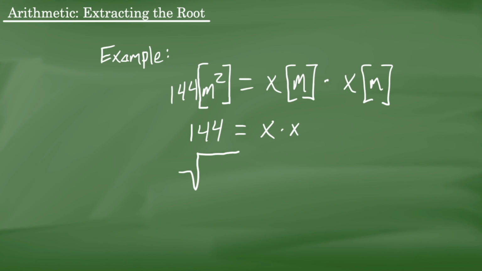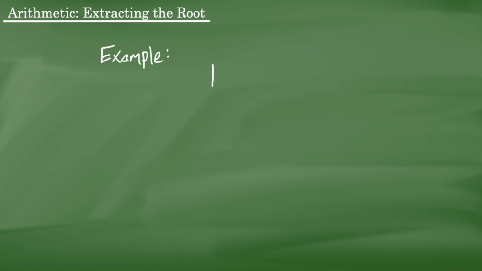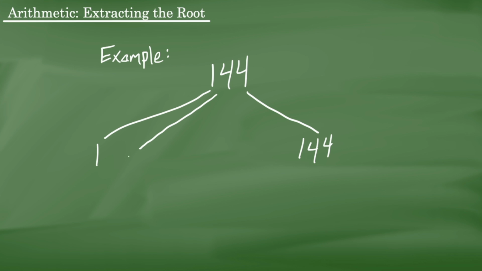And that the square root of 144 will then just be x. Let's make a factor tree. We have 144 and we divide 1. We'd get 144. If we divide it by 2, how many times does 2 go into 14? 7. How many times does 2 go into 4? Twice. It's 72.